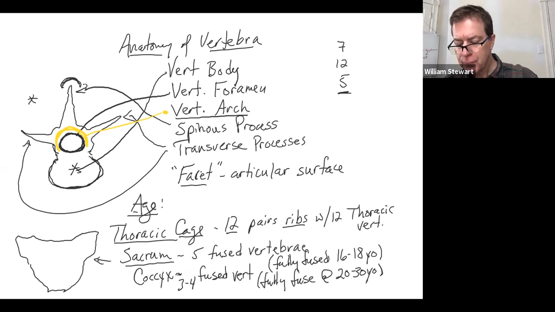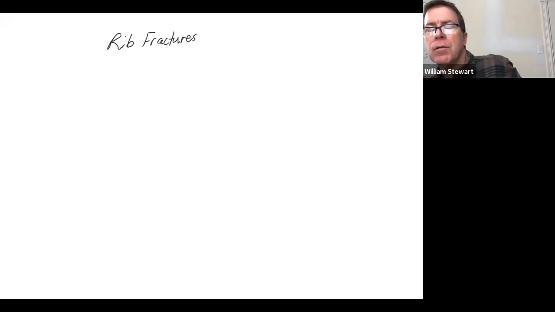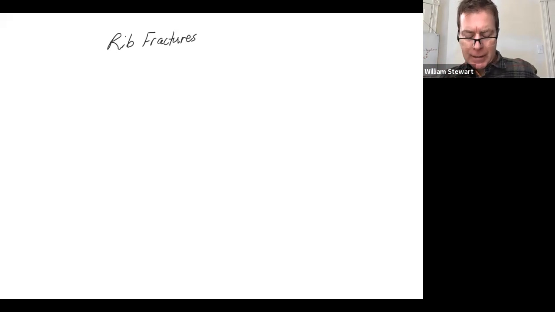A little bit of clinical speak here while we're talking about ribs as well. Rib fractures. I wrote this down in my notes because we can put things into context.